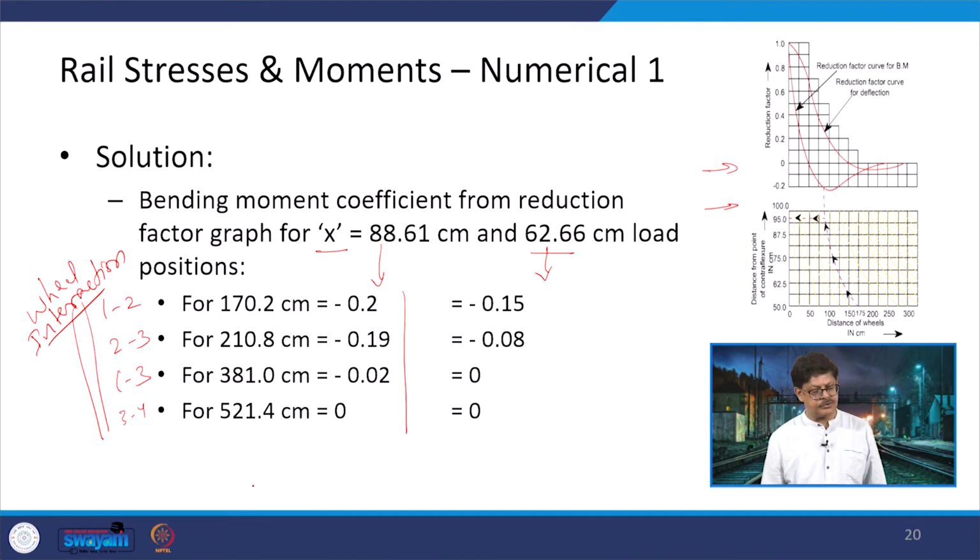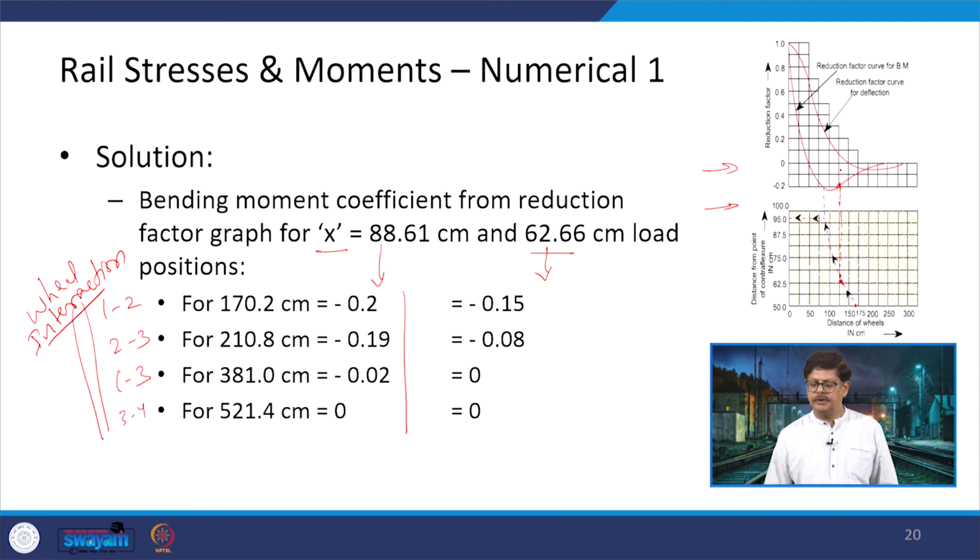So, if you are talking about say 170, so 170 is somewhere here, and for that we go ahead for a value of say 62.66. So, if we are going with the 170 along this for 62.66, it will be somewhere here, and then if we go straight up very near to this vertical line, we are coming at some point up.